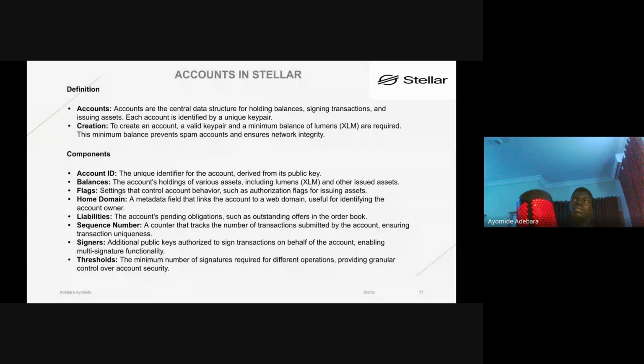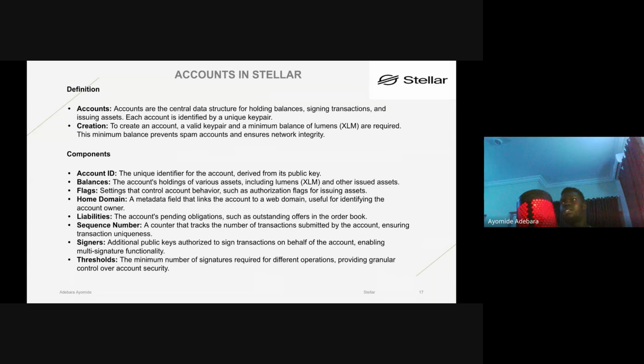A public address is what you send to. When you generate your wallet, what you see is your private key and your public address. Your public key is where your public address is generated from. And now, your public address can also be called your account ID.